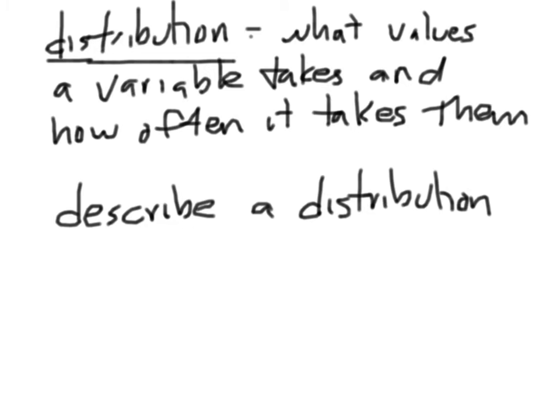It's difficult to describe. If I asked you to describe the distribution of SAT scores of the senior class, not just one number can capture that idea. So usually when we talk about describing a distribution, what we really do is we use some sort of graph. And a big part of section 1.1 is a lot of different graphs that will help us describe a distribution. So let's look at a few.